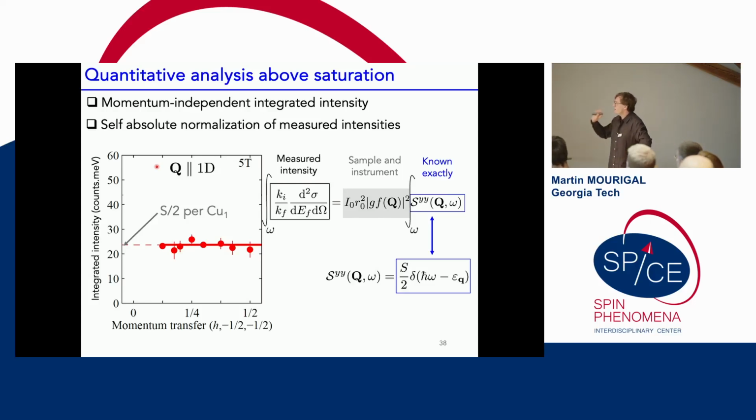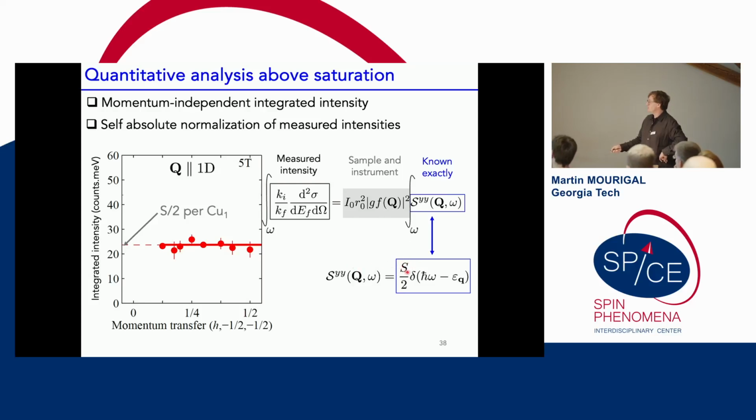The point I want to make here is that you can go beyond just fitting the position of the peaks. You can also fit the intensity. Here again, the cross-section being quantitative, the cross-section that you measure is going to be some stuff that depends on the instrument and the material, and then your dynamical structure factor. Because you're measuring always per Q and you've saturated the system, you essentially only measure SYY.